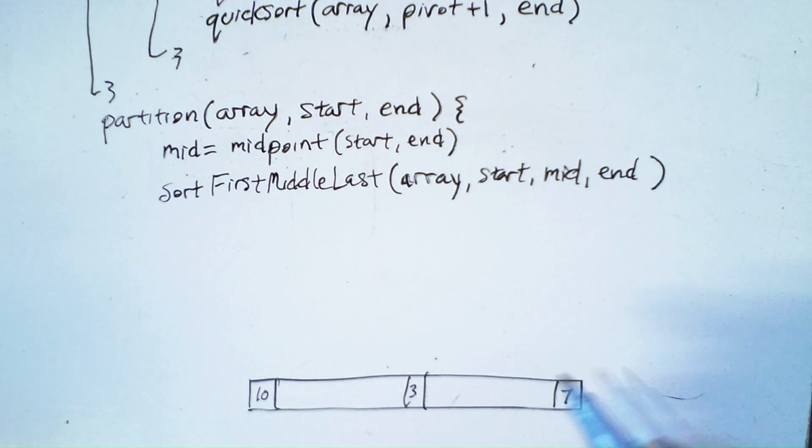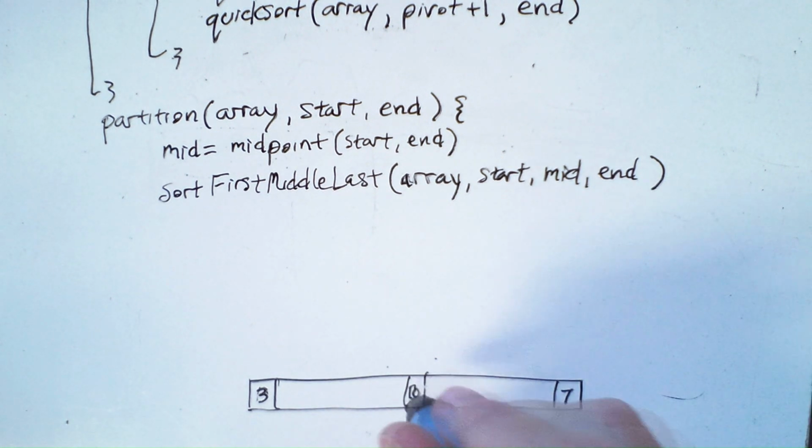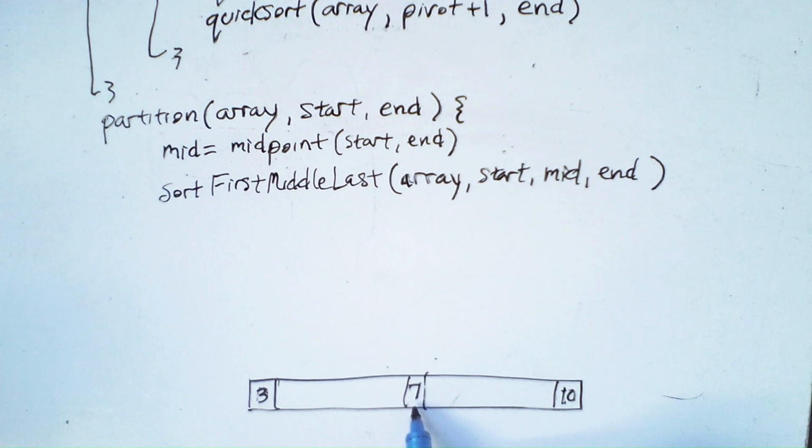But what I can do is look at these 2, compare the 10 and the 3, realize 3 is smaller, and swap them. And then I can look at the 10 and the 7, realize that 7 is smaller, and swap them. And then just double check that 7 is in fact greater than 3. It is, therefore it'll stay there. And now I've organized at least these 3 elements in order with respect to each other.